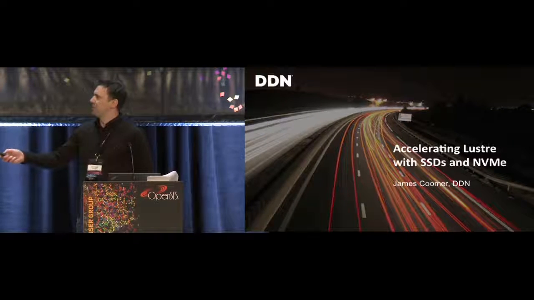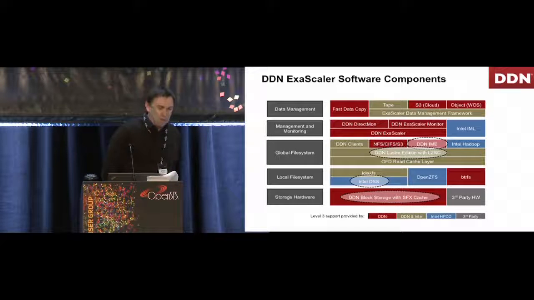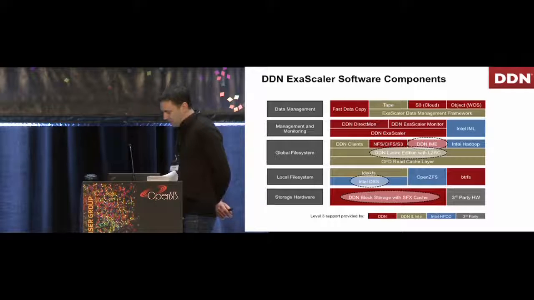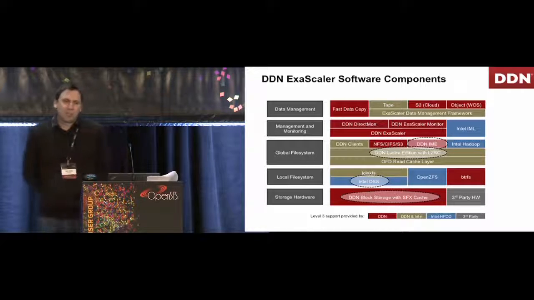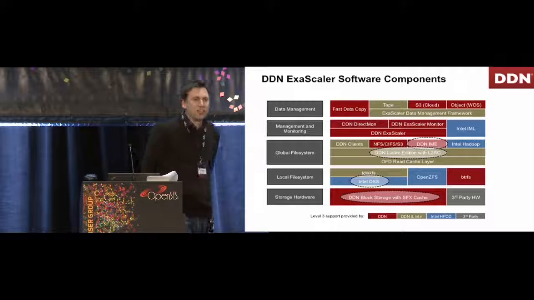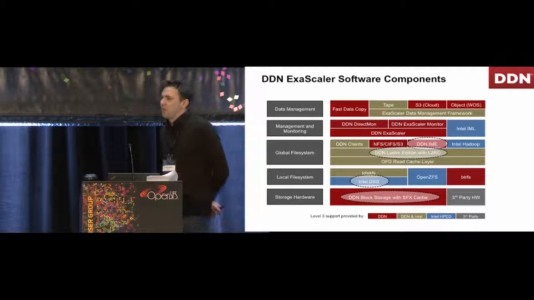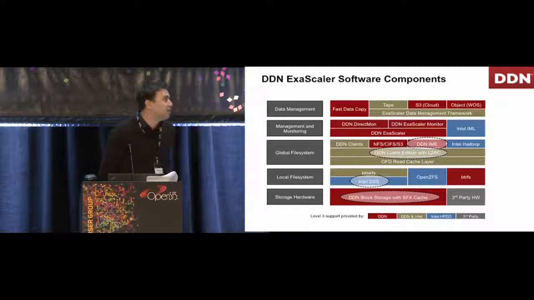I'm going to go for this arrow. So most of you probably know that we ship Lustre as Exascaler. This is a framework that includes many components. The core components, of course, come from Intel. It's based on IEL. But then ourselves, on our own, and in collaboration with Intel, develop a number of separate modules that are designed to enhance the functionality or the performance of Lustre on DDN hardware.